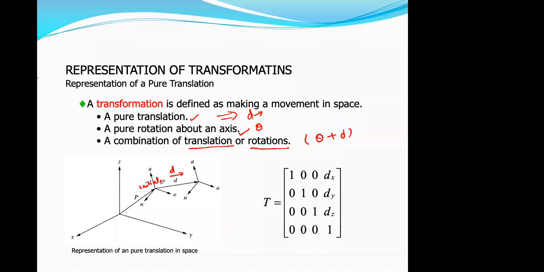So this will be your O, this will be your O dash. So that can be represented as, now this is the rotation matrix. This is nothing but the rotation 3x3 matrix.